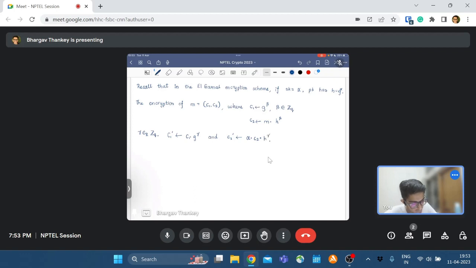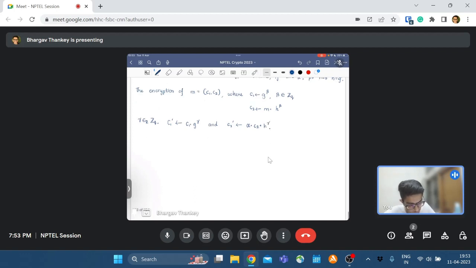So now let's see what C1 prime, C2 prime are. C1 prime is equal to g to the beta plus gamma, where gamma is sampled uniformly from ZQ.